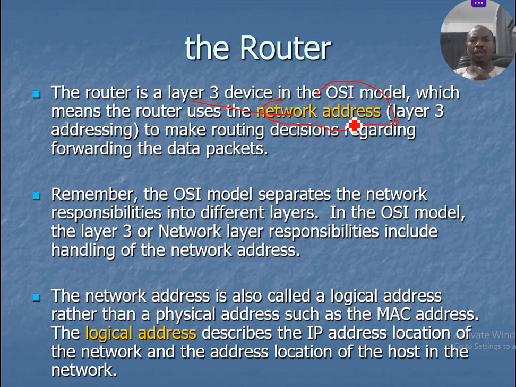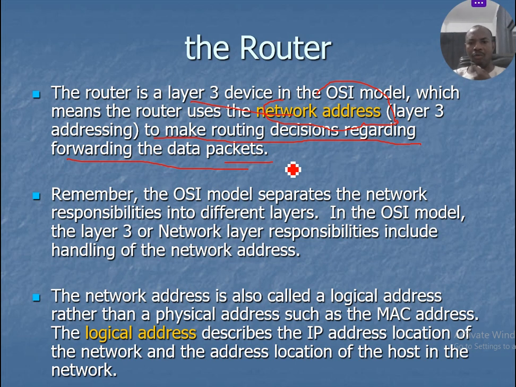It uses the network address system to decide where to send the data, where the data packet is coming from, and where it is going to. The source and the destination of the data packet are established using the network address. All layer 3 devices use the network address in making this decision.